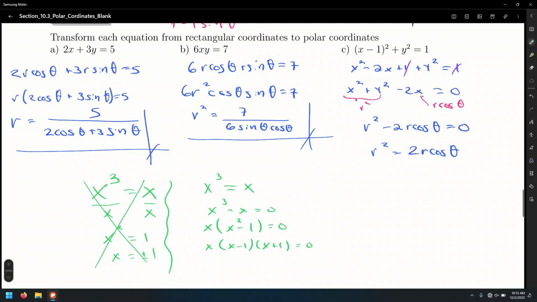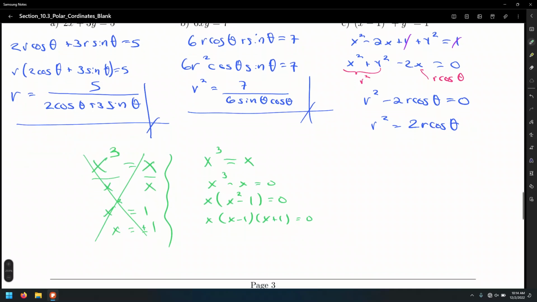How many solutions are we going to have now? 3, right? And one of the solutions happens to be 0. So be careful with those kinds of pitfalls. You don't want to divide by 0, and you don't want to miss one piece of information. So x equals 1 and x equals negative 1.